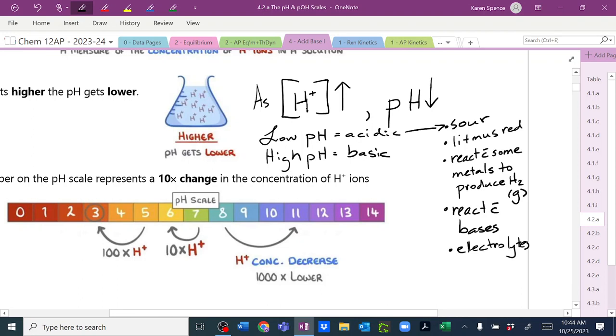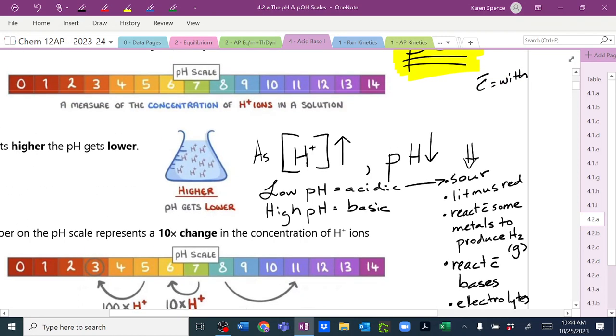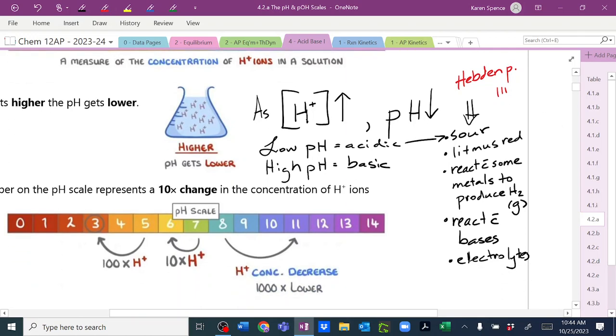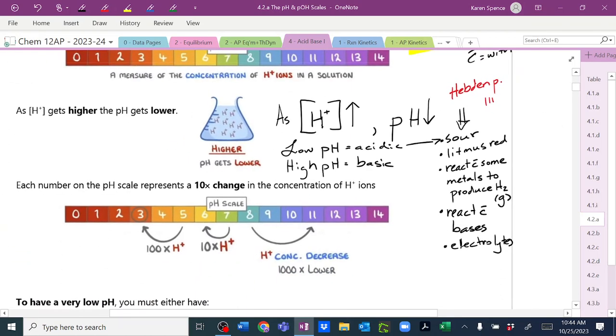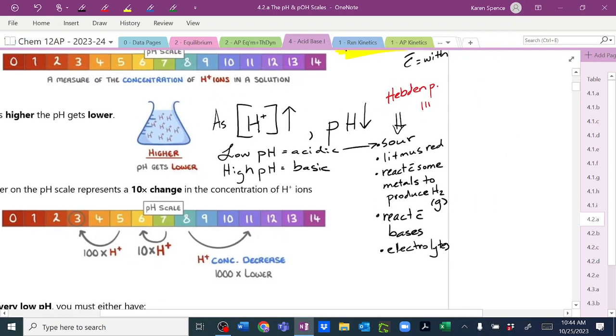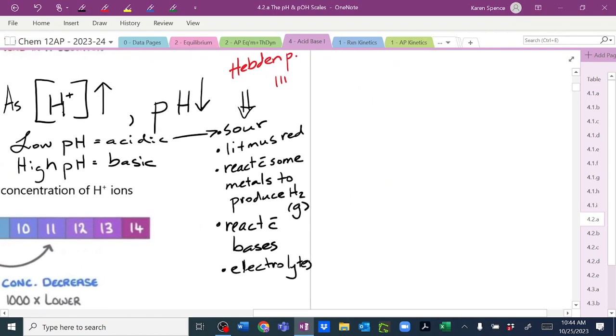If you're wondering where I found this, this is Hebden, page 111. If acids are sour, what are bases? Bases are bitter.